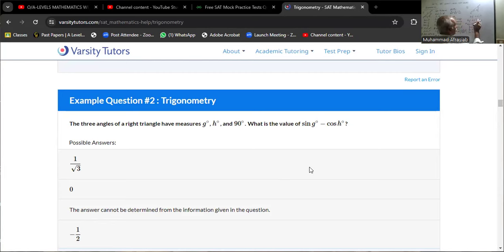So if we use this property in this question, then sine G minus cos of H should be equal to 0 because they are equivalent to each other. So our answer is 0 for this question number 4.